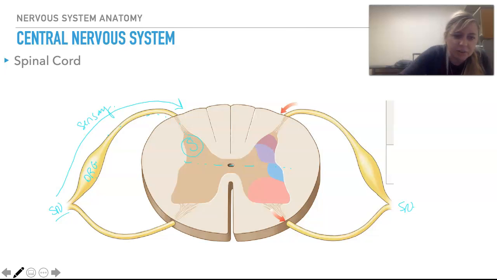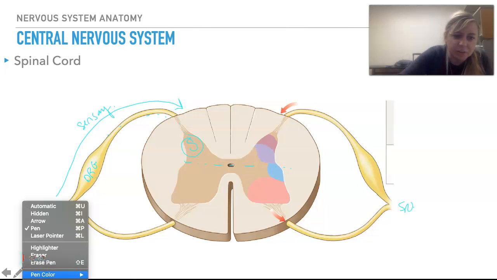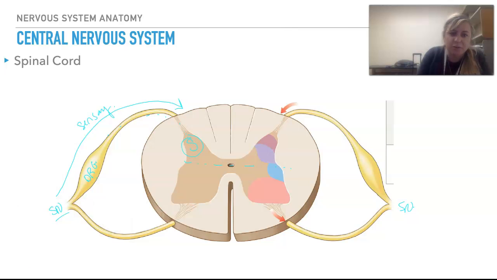Now, motor, on the other hand, is going to come out the front. Let me switch to red for motor. So here we're going to have lots of cell bodies, so motor nuclei, sending information out the ventral side. So this is going to be motor. So afferent, sensory, always comes in the back.